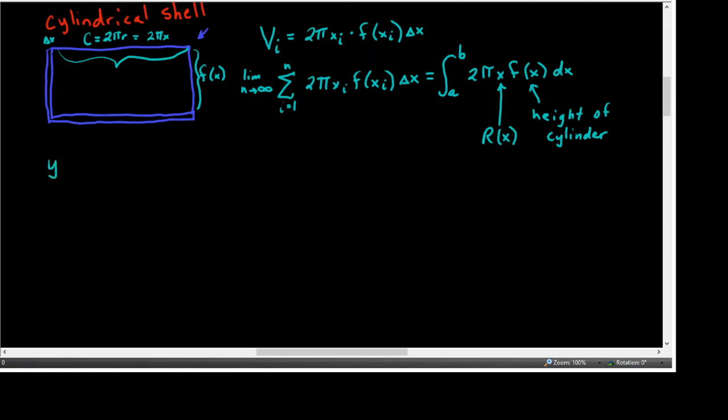The function we're dealing with in this example is y equals 6x minus x squared, between the x-axis and the curve. So the x-axis and that curve are the boundaries of our region, and we're revolving about the y-axis.